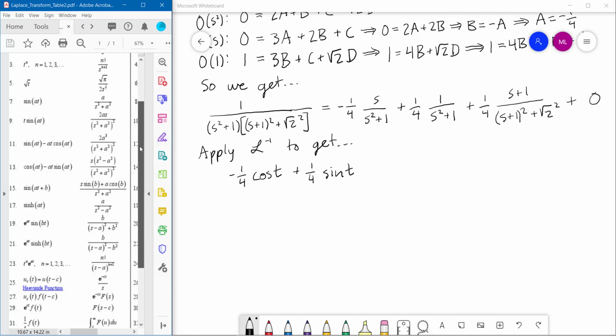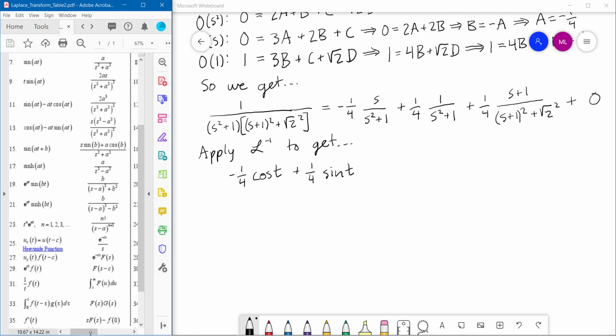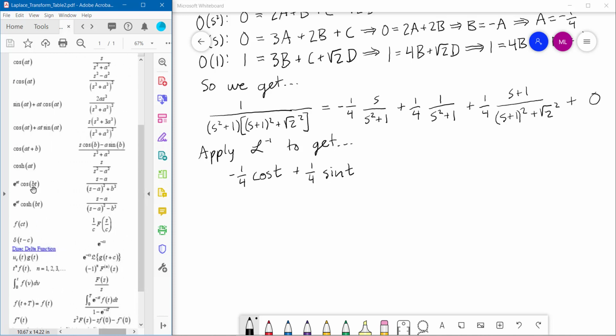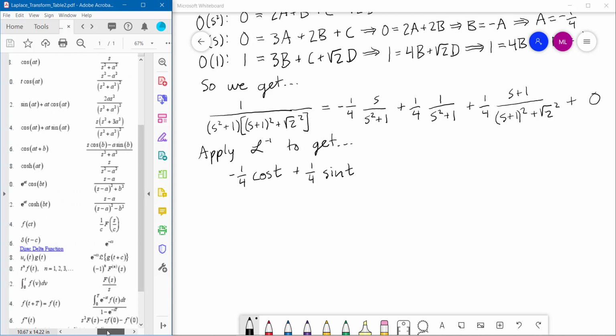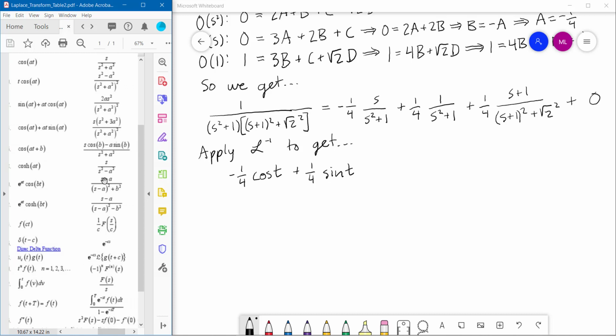A shifted cosine function means one of the exponentials times cosine. Here we go, right here, that is number 20. So a shifted s over that same shifted s squared plus some constant squared. In this case, we've got our plus 1/4. We're shifting by plus 1 here.